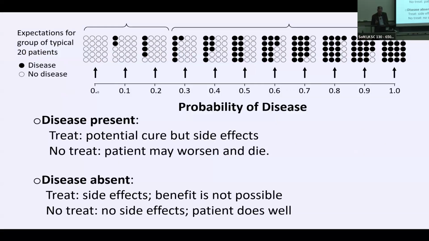So here are some generic outcomes for what happens when disease is present and you treat or don't treat, and when disease is absent, when you treat and when you don't treat. And I'd argue that at any given probability, a patient faces a mix of these two.